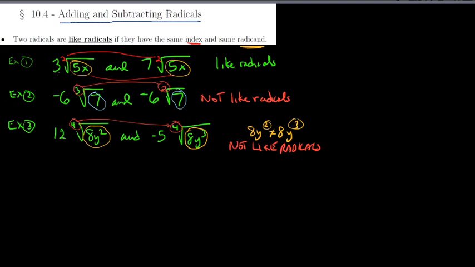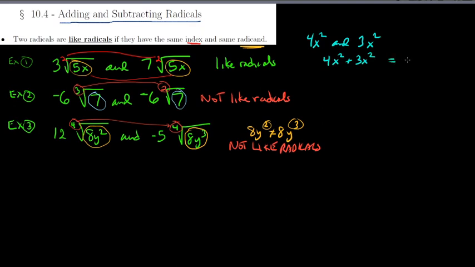Now notice in the first one, you might say, wait a minute, what about the 3 and the 7? Those are different. Yeah, they're different, but they're not underneath the radical. They're not radicands. They're not inside the square root sign. Well, remember, what are like terms? If I write 4x squared and 3x squared, are those like terms? In other words, can I add 4x squared plus 3x squared?